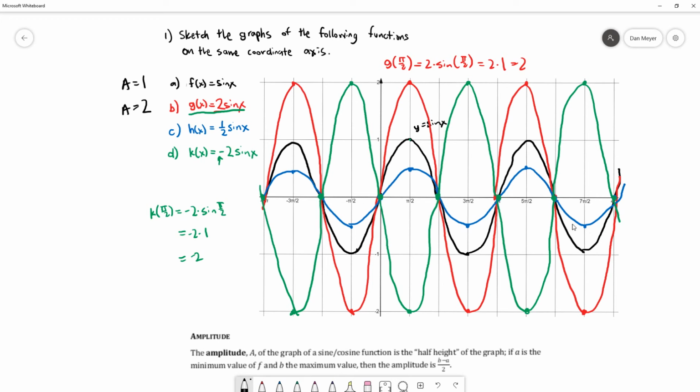Got 3 places where it's -1/2. Its highest point is +1/2, and so its total height is 1, which means its half height is 1/2. And then for k of x, just like g of x, its lowest point is at -2, and its highest point is at +2. The total height of the graph is 4, and so its half height is 2. So the amplitude here for k is also 2.